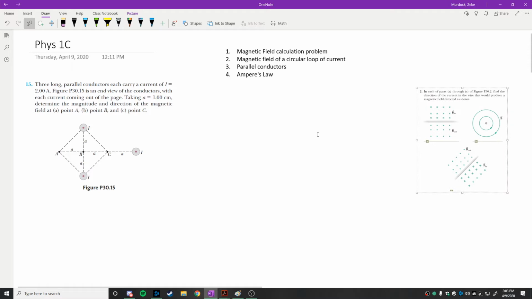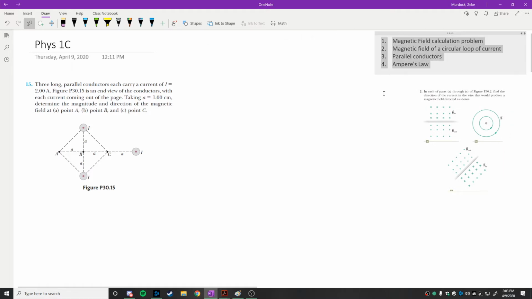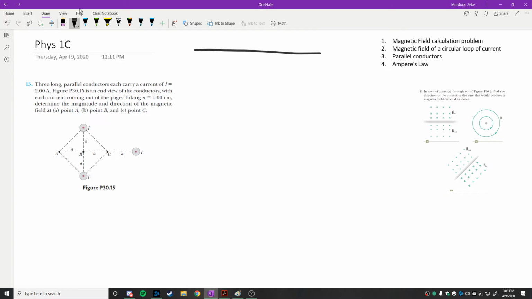Okay, so what we did last time at the very end of class was we found that if you have a wire, and we can say that it's a very long wire, then when you're some distance away from the wire, let's say this distance right here, we call it R, then at this location, if there's current flowing in the wire, that current is going to produce a magnetic field at that location.